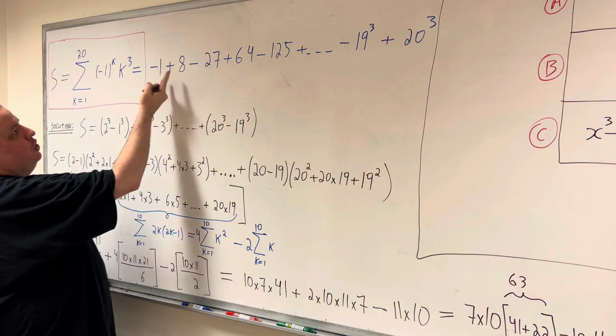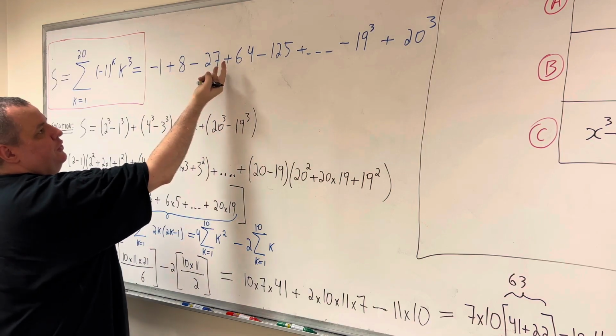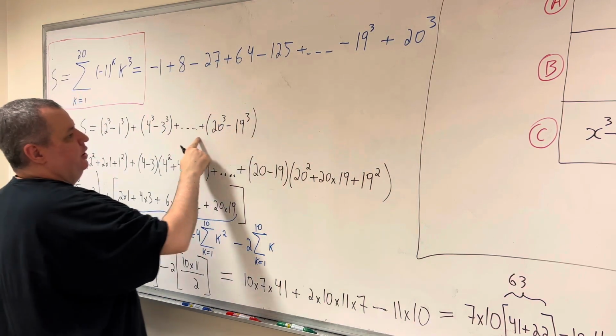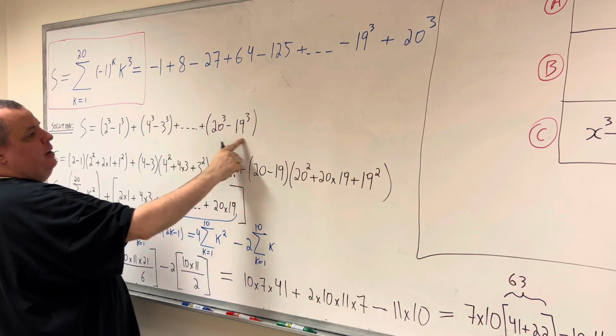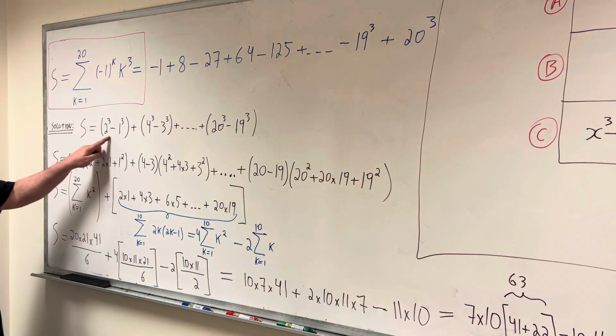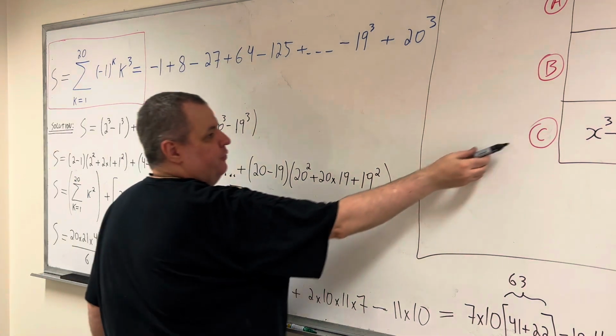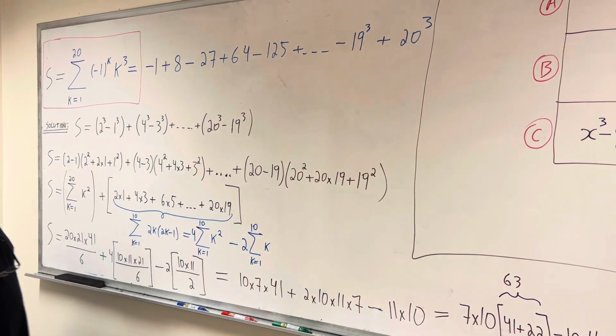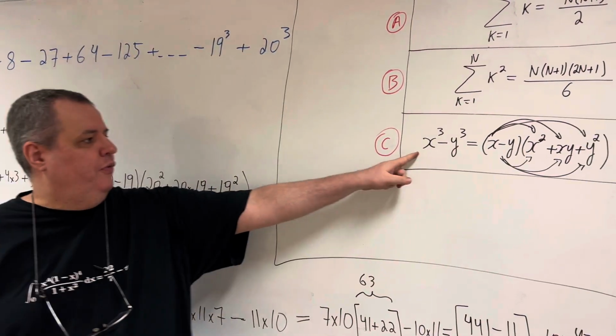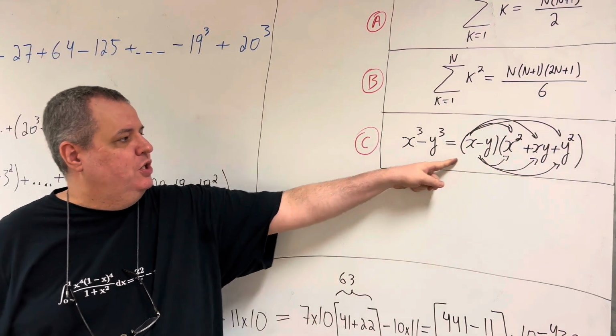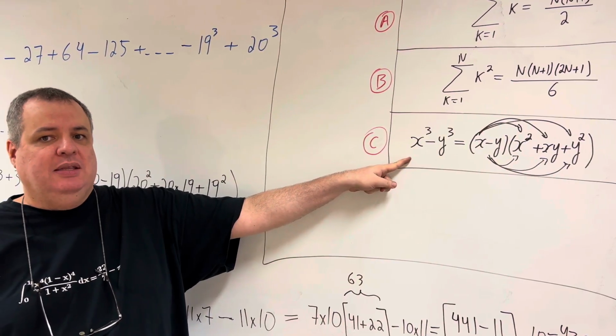So I switch the order of these 2. I switch the order of these 2. I always switch the order all the way. Okay? Now for each parenthesis, I am going to apply formula C here. The difference of 2 cubes, I'm going to use this formula many times, 10 times.